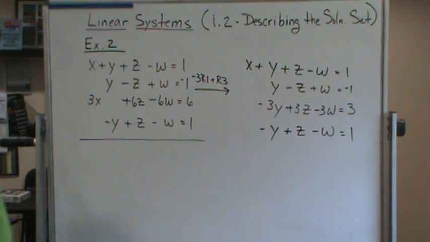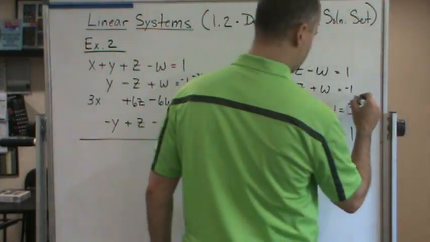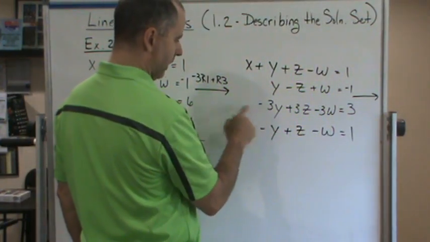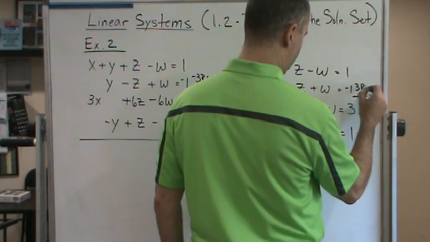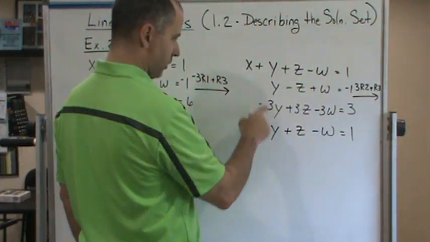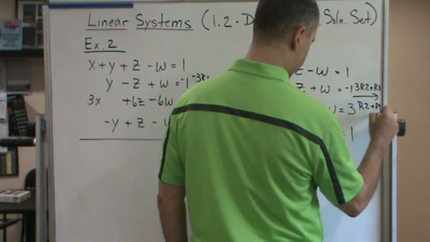Okay, now we're going to get rid of these two, and so what are we going to do? We're going to do 3 times r2 plus r3, and then we're just going to do r2 plus r4.